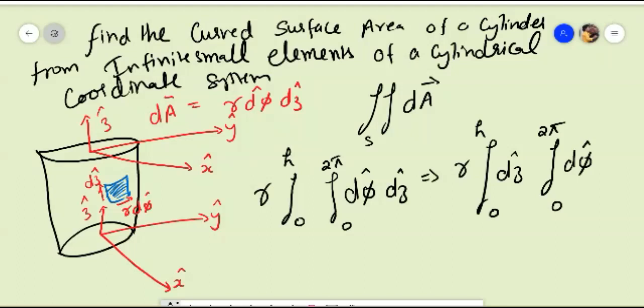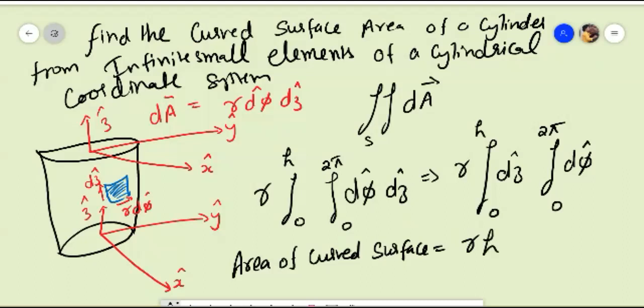Okay, so now we know that this area of the curved surface will be actually equal to r, and then we have our z, and z will be integrated from 0 to h, so it will be equal to h.